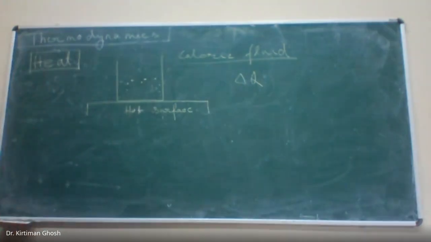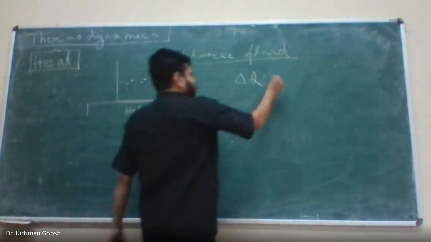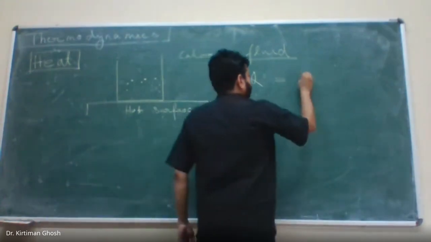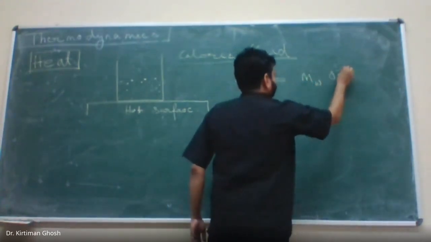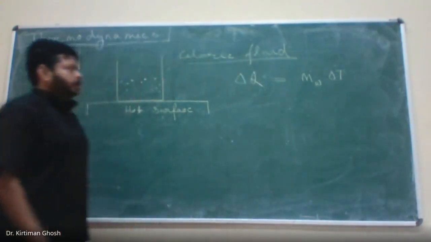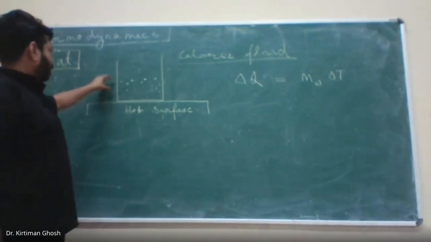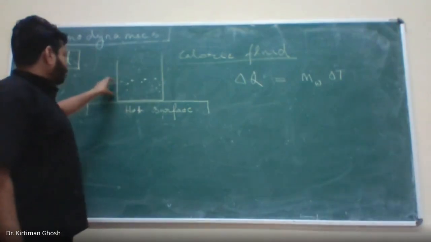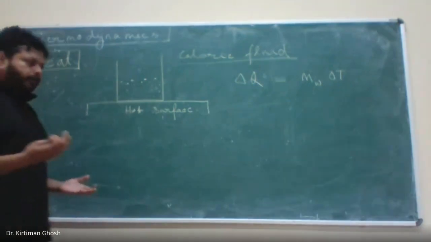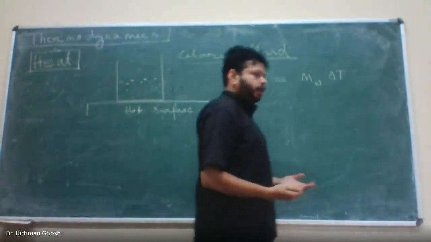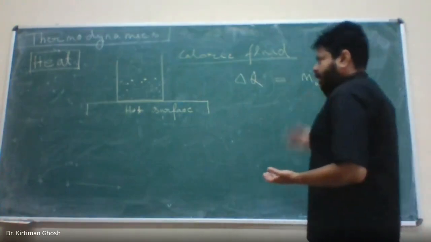Delta Q, the amount of heat going from the hot surface to the cold water, is equal to the mass of the water times delta T. Let us assume that the increase of temperature of this water is delta T. We already have the idea of temperature, and we have already defined how to measure it.